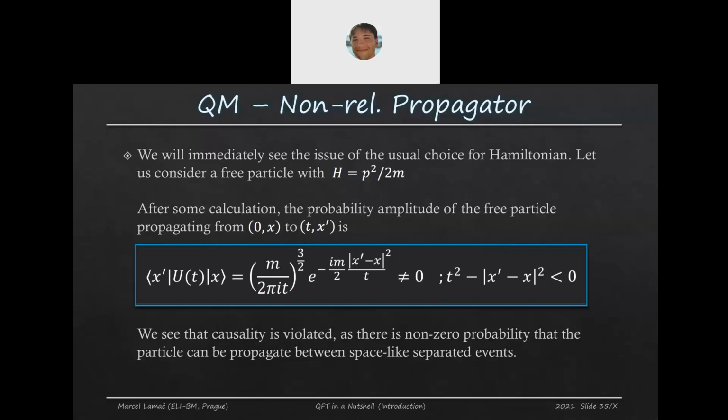Basically, the probability amplitude is non-zero for faster-than-light evolution of particles.